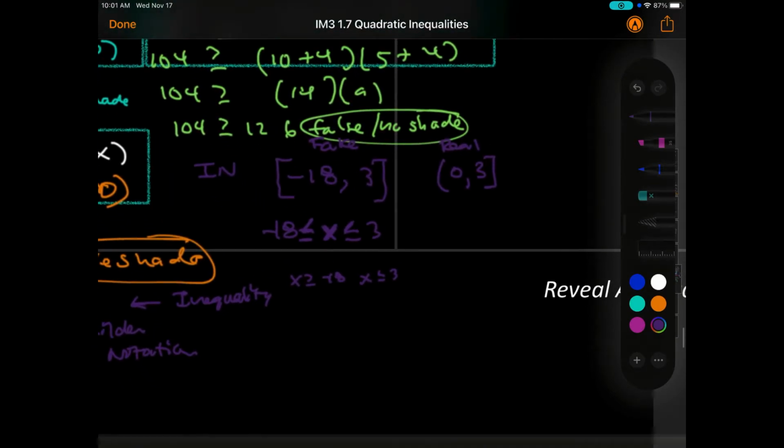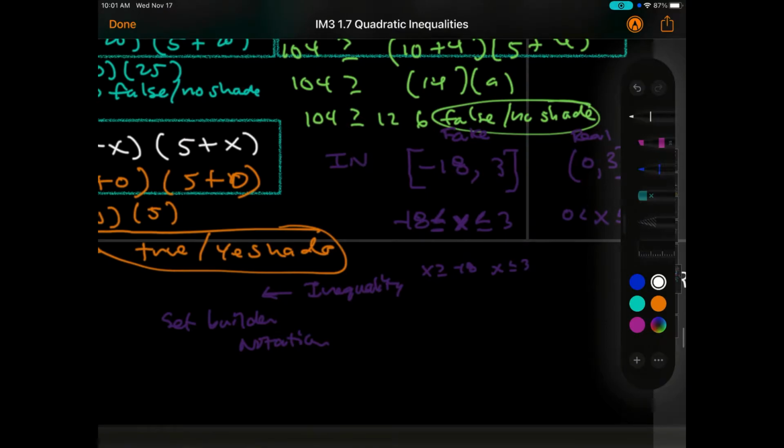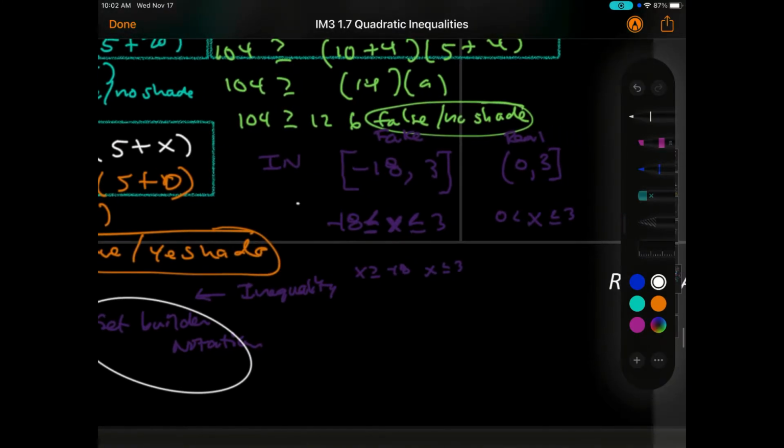And then this one, I just want one that is greater than, well, a real world, which just means I want smaller than 3 but bigger than 0. And to make this set builder notation super fancy, I think inequality interval notation is simple enough.